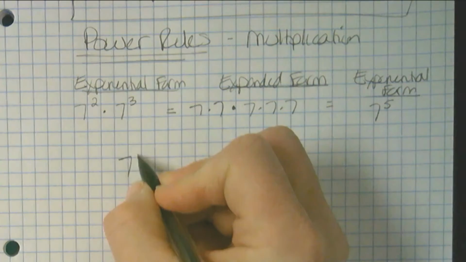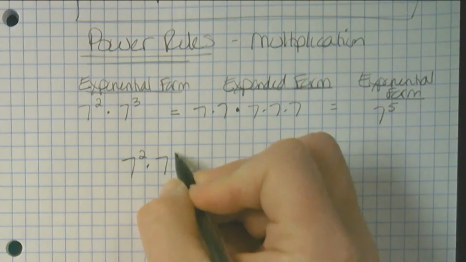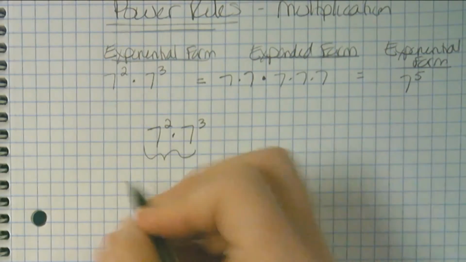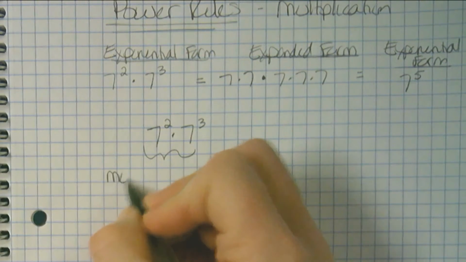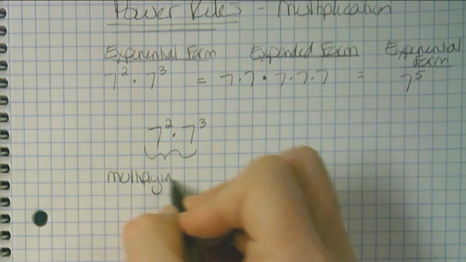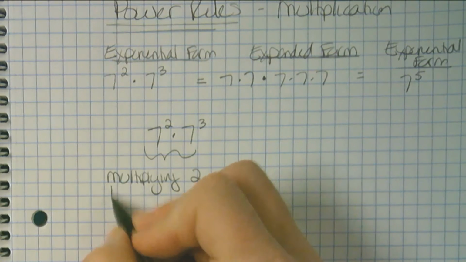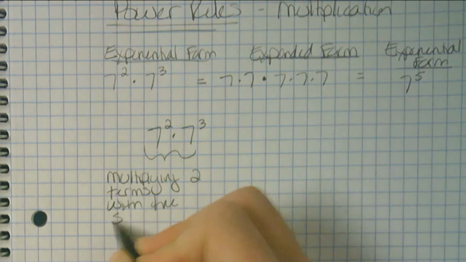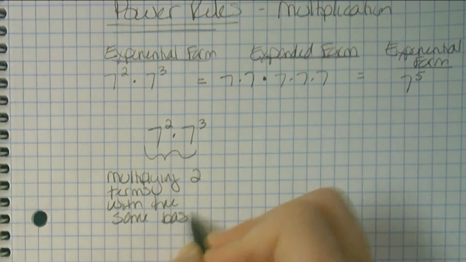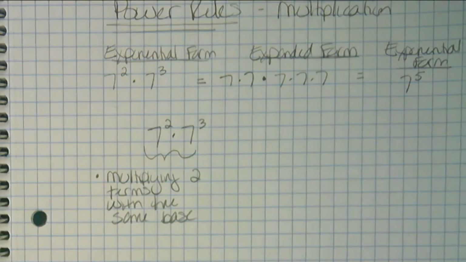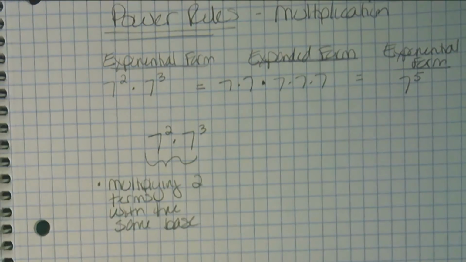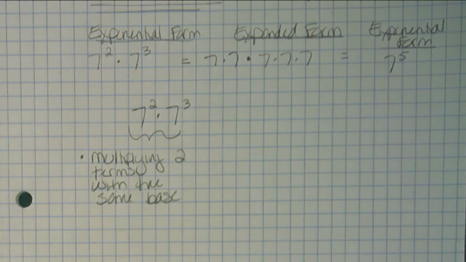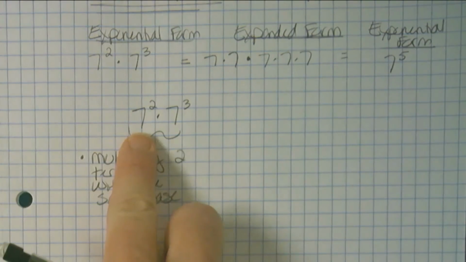So if I take a look at 7 squared times 7 to the third, what we have here is we are multiplying two terms with the same base. What value in this is our base? What does that mean they have the same base? Romano? 7. Yeah, they both have a base of 7.